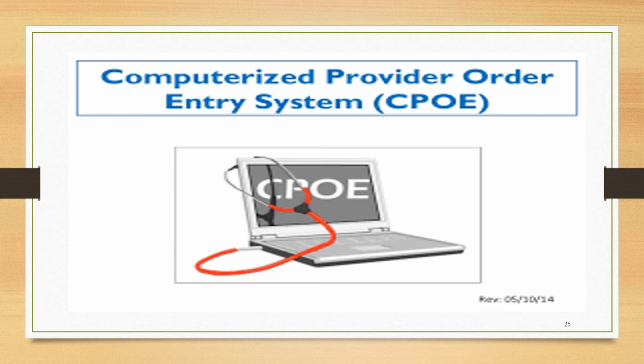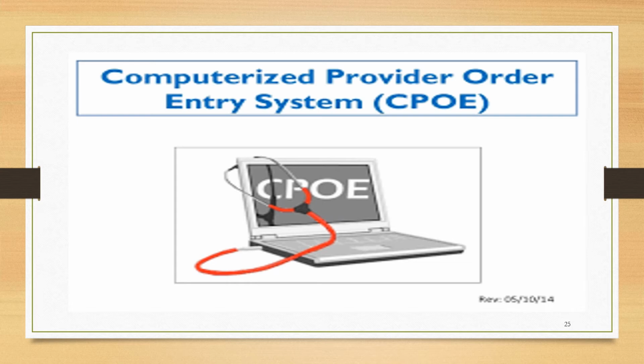Computerized provider order entry system is the second health information system that we are going to describe in this lecture and explore. The computerized provider order entry system (CPOE) has revolutionized the way physicians and other providers direct patient care in multiple settings.